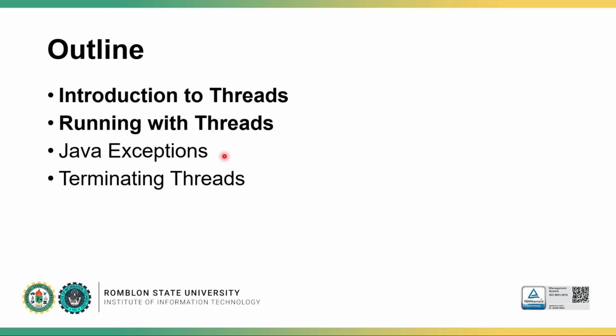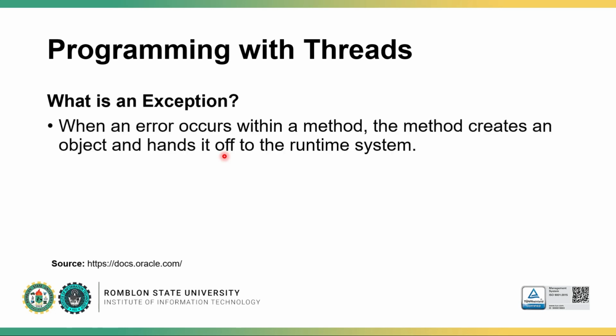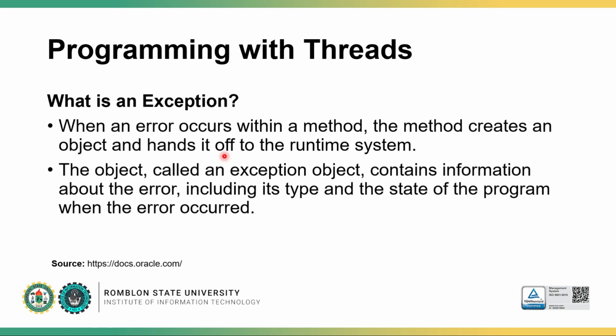So Java exception is something that developers use so that the application does not close unexpectedly. But first, let's discuss more on exceptions. An exception is what happens when an error occurs within a method. It creates an object and hands it off to the runtime system.